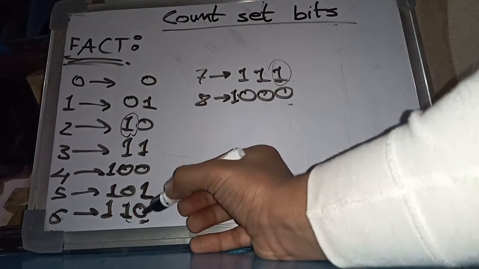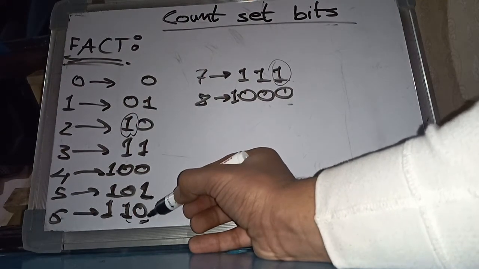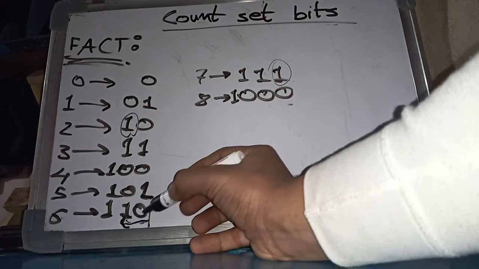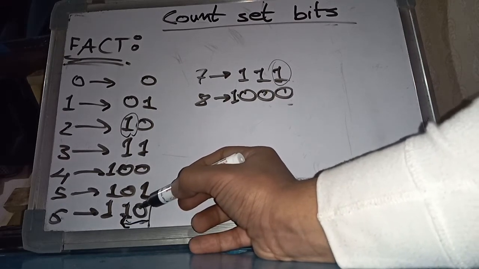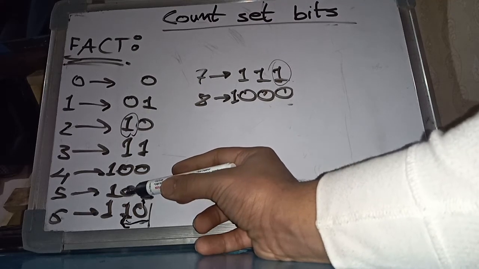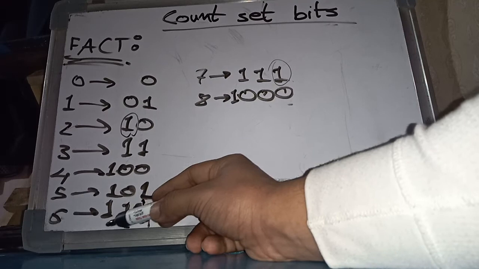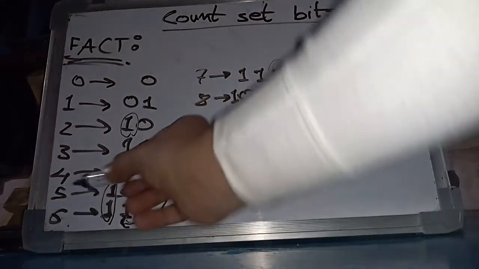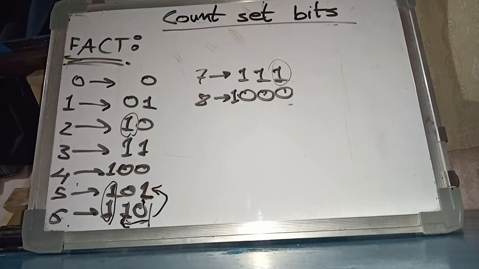For example, let's take 6, and I'm going from the rightmost bit to the rightmost set bit and complementing those bits. So from 0 I have written 1, from 1 I have written 0, and the rest of the bits are the same. Then I get minus 1 of that number. So this fact was quite noticeable.